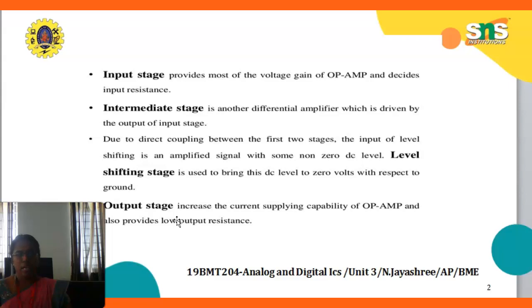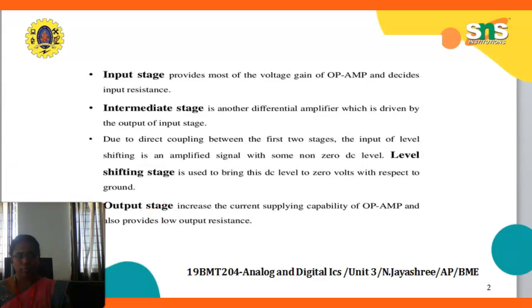Intermediate stage is another differential amplifier which is driven by the output of the input stage. Due to direct coupling between the first two stages, the input of level shifting is an amplified signal with some non-zero DC level. Level shifting is used to bring this DC level to 0 volts with respect to ground. Output stage increases the current supplying capability of the Opamp and also provides low output resistance.